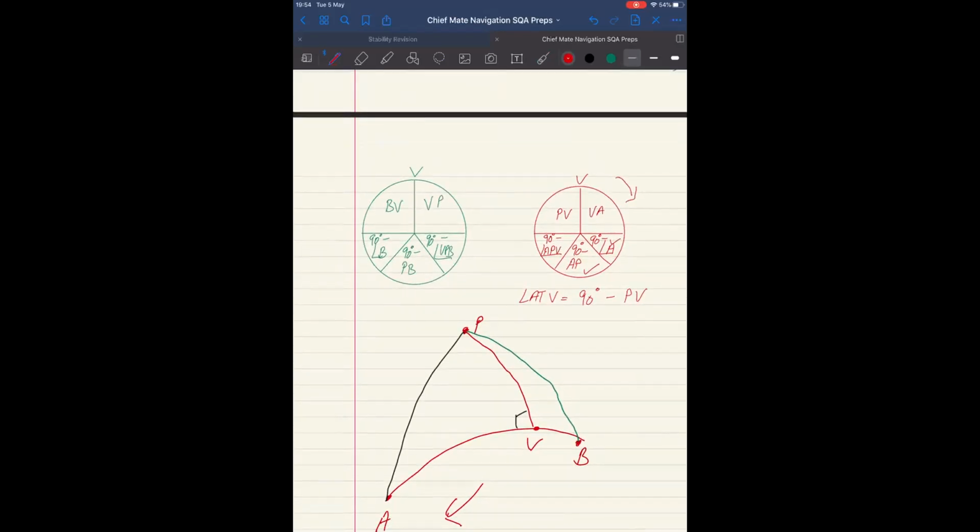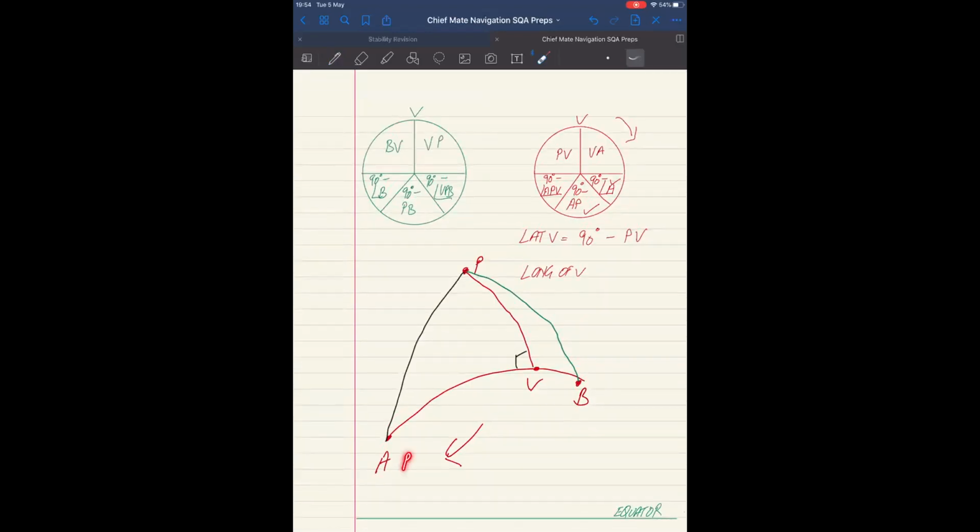Now all that remains in this type of great circle question is to find out the longitude of V. As I said, we will always be knowing the position of A, so we'll be knowing the lat and long. So we will be knowing this long.